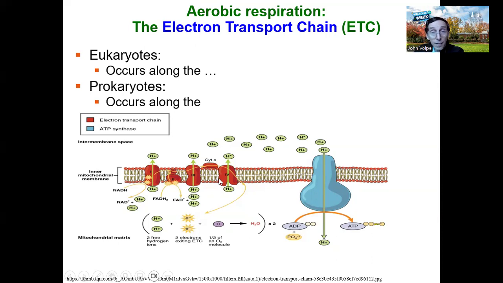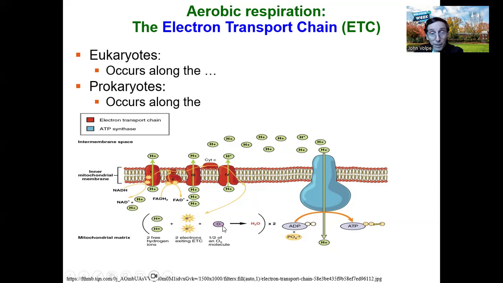The electron will then leave the electron transport chain and enter the final electron acceptor. In the case of aerobic respiration, the final electron acceptor is oxygen. The oxygen combines with the electrons and with hydrogen ions to form water.